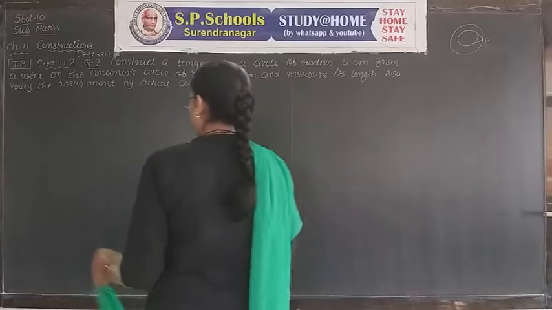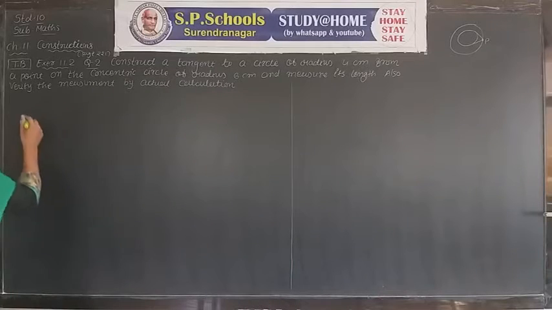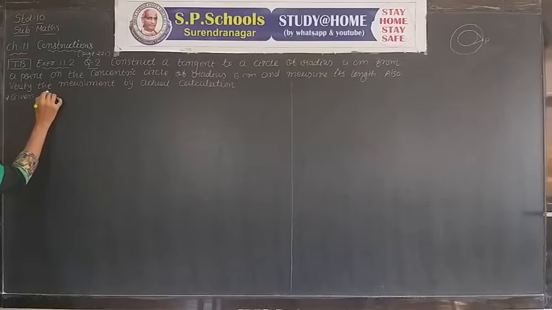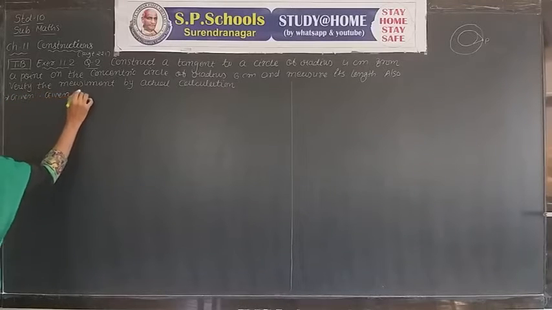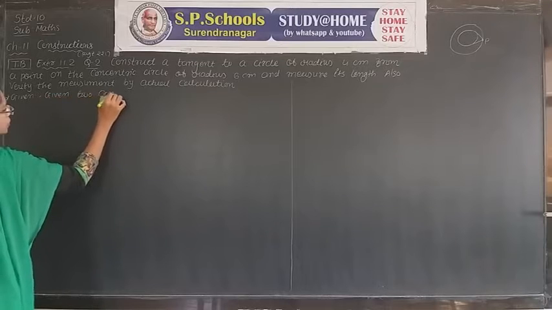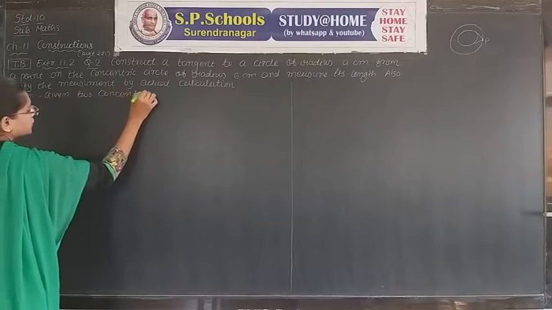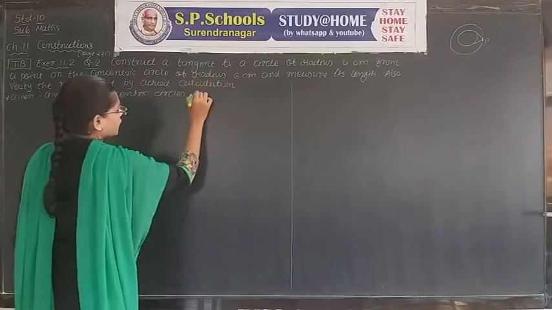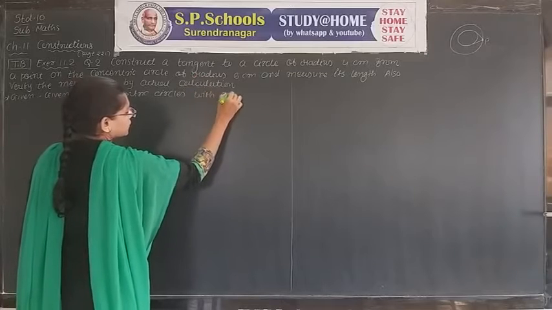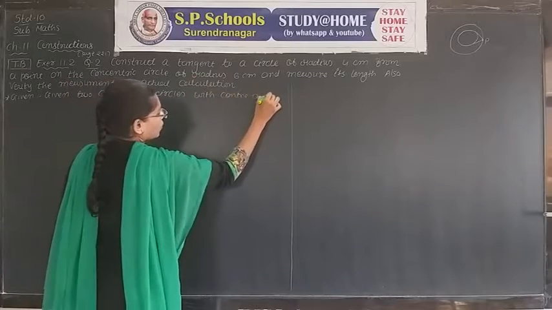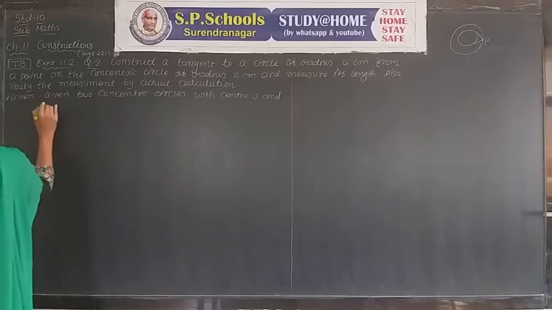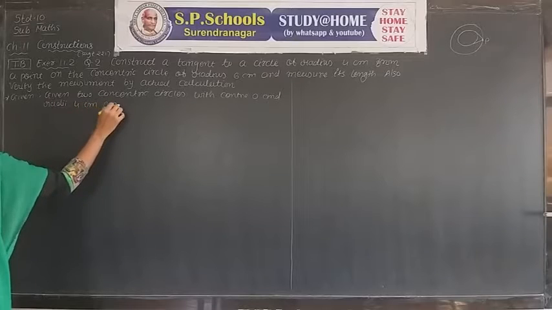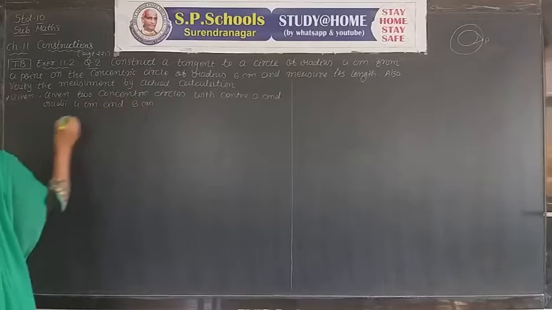Now we first write the given and what is to be constructed. Given: two concentric circles with center O and radii 4 cm and 6 cm.